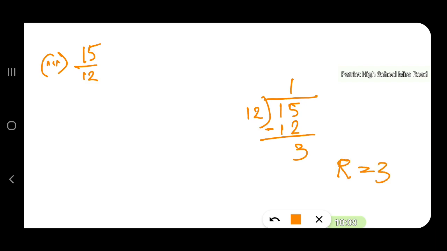Now we will write it in the mixed fraction form. So the quotient, we will write the quotient here, and the remainder here, and the divisor we will write it here.